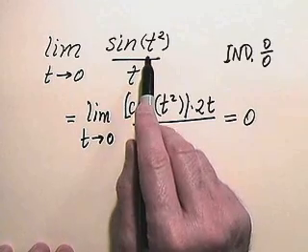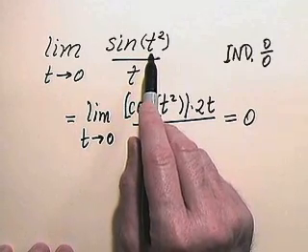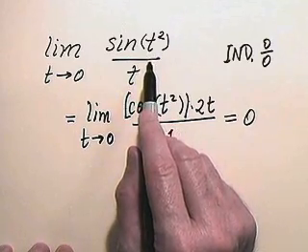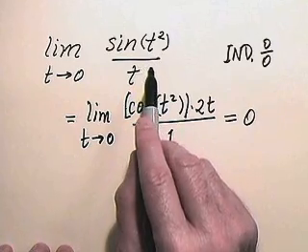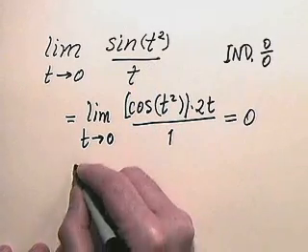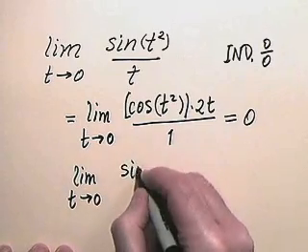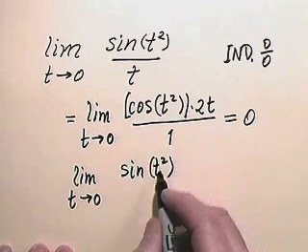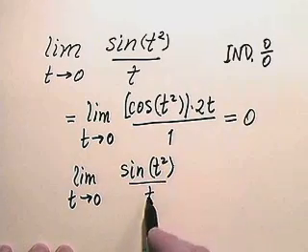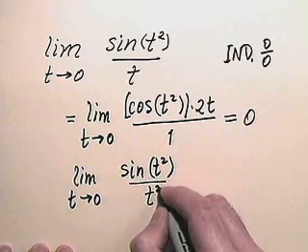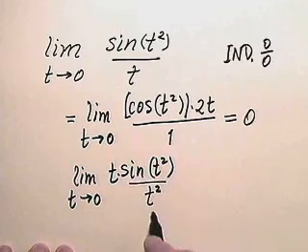One thing you could notice here is that we could have gotten this from our standard limit as x approaches 0 of sine x over x being 1. What I could do is write this as the limit as t approaches 0 of sine t squared. And now, since I only have a t down here, I can put a t squared there if I put a t up here.